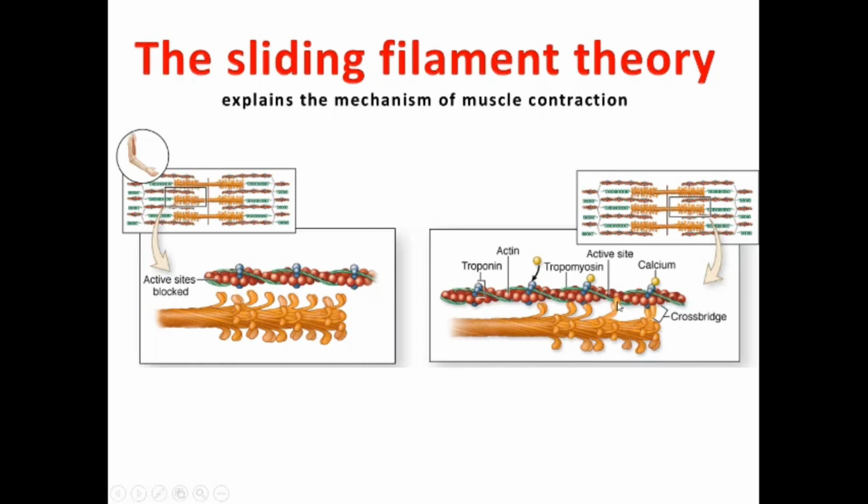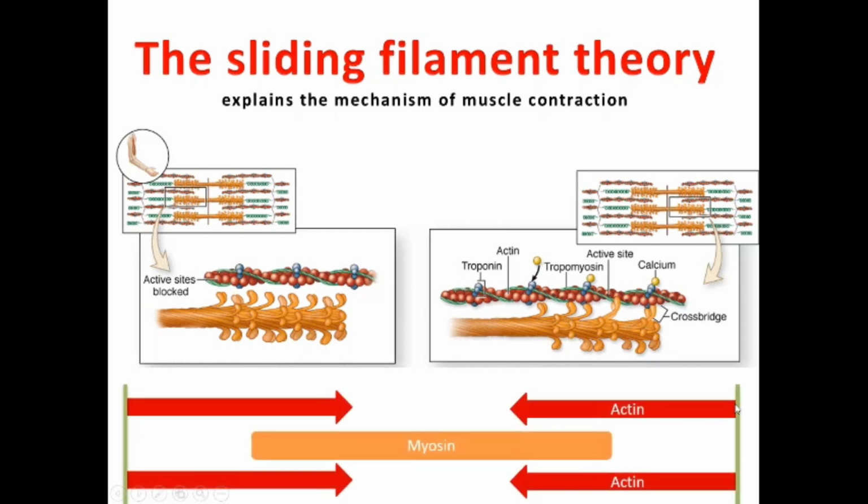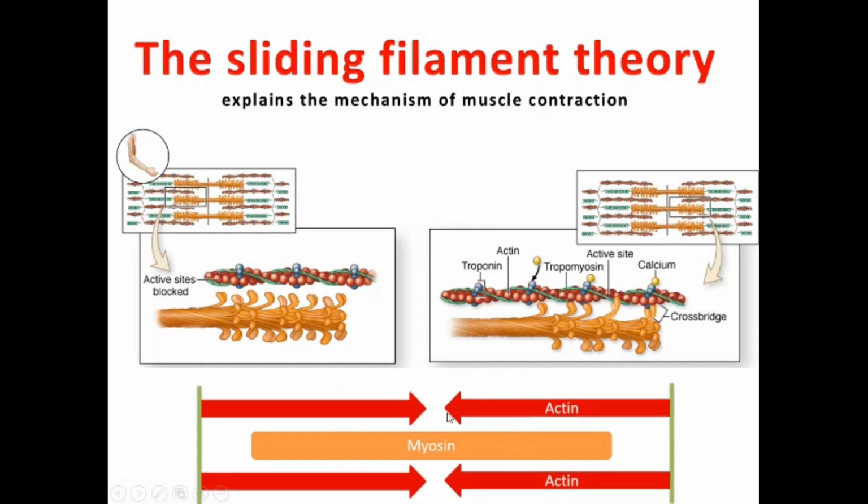Actually, the thin filaments slide over the thick filaments. For example, here you can see the Z disc in green, the thick filament myosin and the thin filament actin. During the contraction, you can see the sliding of the thin filament over the thick filament.